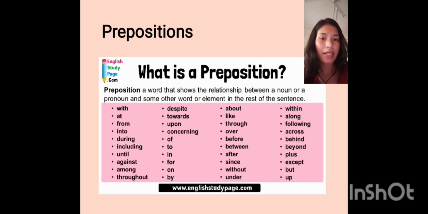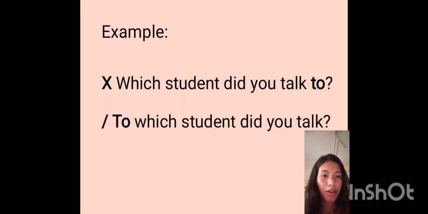So here is the example. Which student did you talk to, and to which student did you talk? As you can see in my examples, the first sentence I mark X, and the second sentence I mark check. Why? Because according to the rule, don't end a sentence with a preposition, and the first sentence does not follow the rule.